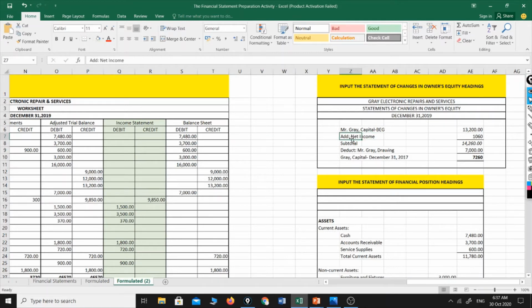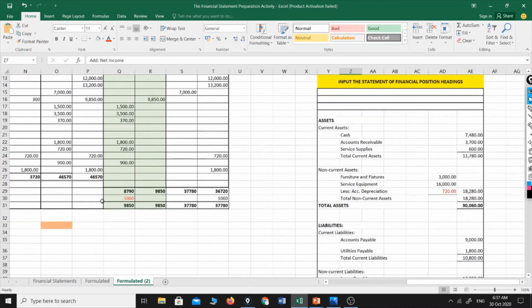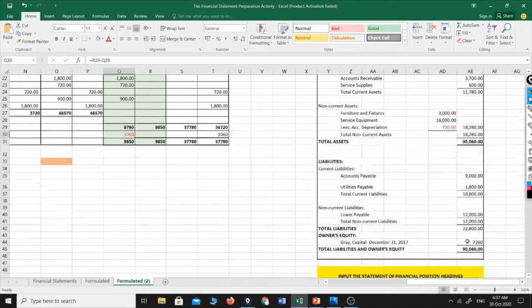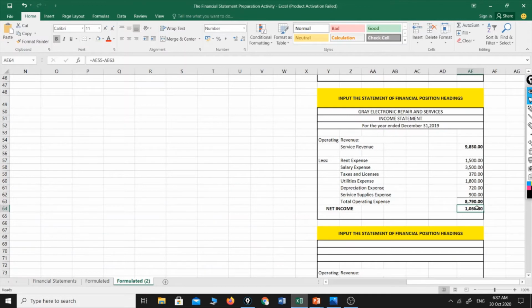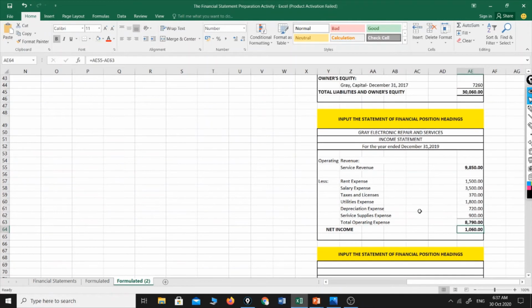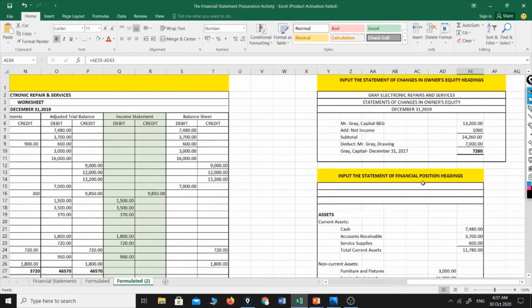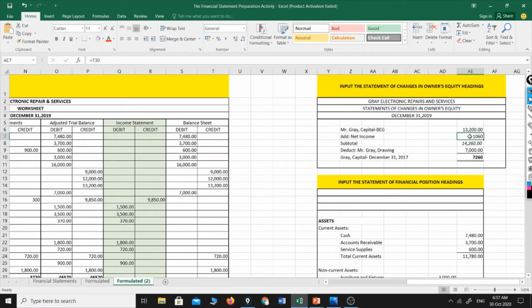Okay? The net income, of course, this information could be from the worksheet, 1,060, or it could be from the income statement that the company indeed earned 1,060 pesos. Okay, so we put here 1,060. And then we have a subtotal, 13,200 plus 1,060, 14,260.